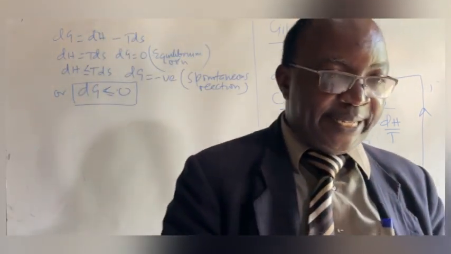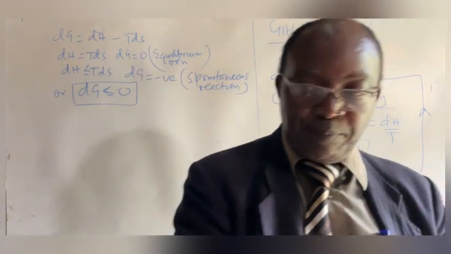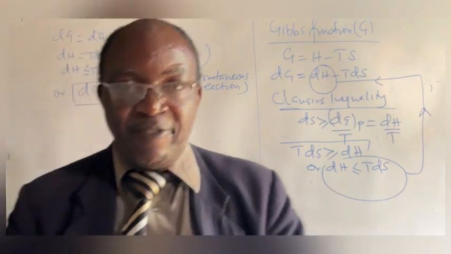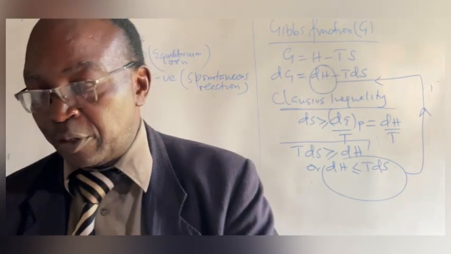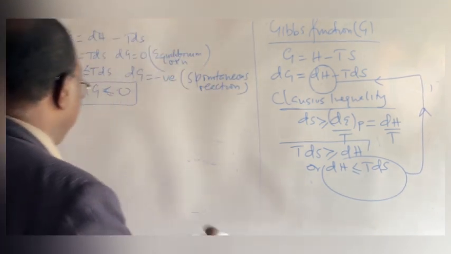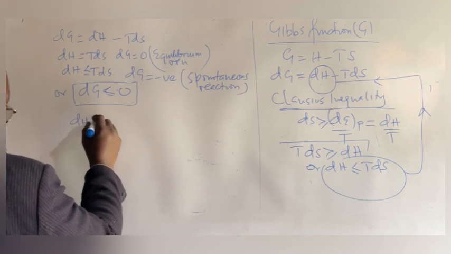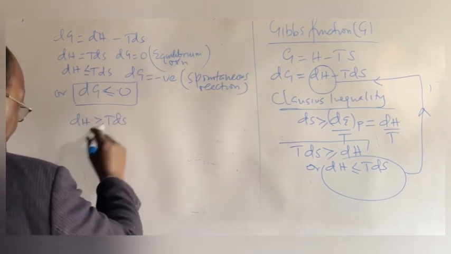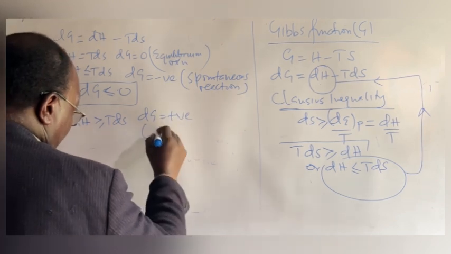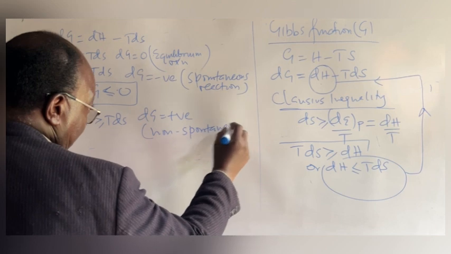You want the delta G value to be negative. That means that reaction will proceed in the manner you want it, the reactants going to form products. If it is 0, that's an equilibrium reaction. And of course, if it is positive, then that will be a non-spontaneous reaction. So if dH is greater than T dS, then dG will be positive, and that's a non-spontaneous reaction.